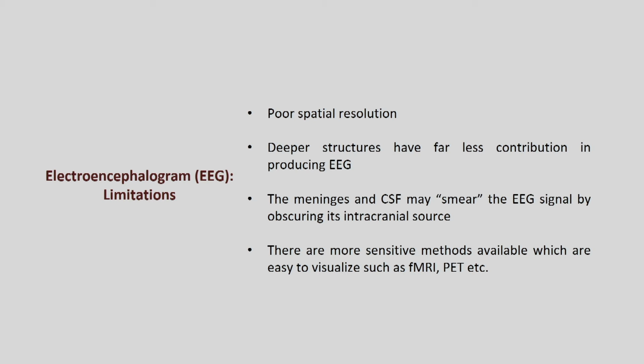So, that is one limitation, and meninges and CSF may smear the EEG signal, obscuring the intracranial sources. When these intracranial sources are giving the potential, it may not get reflected properly. So, there may be some obstruction.